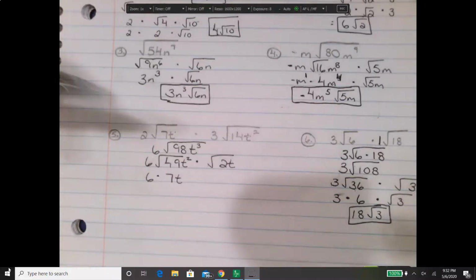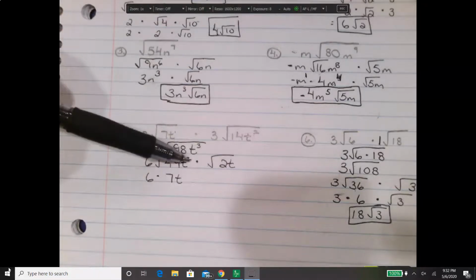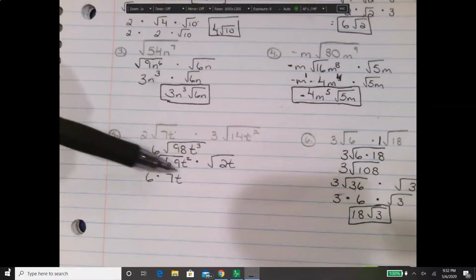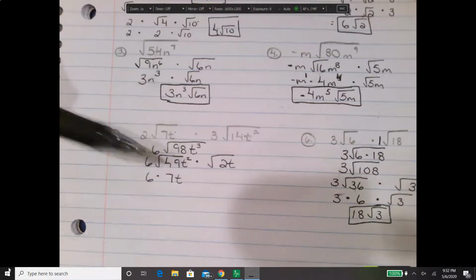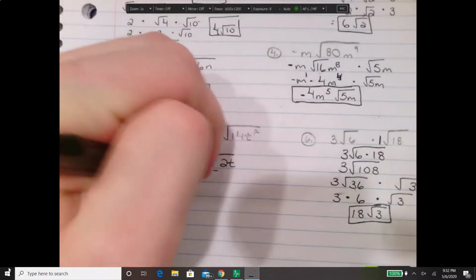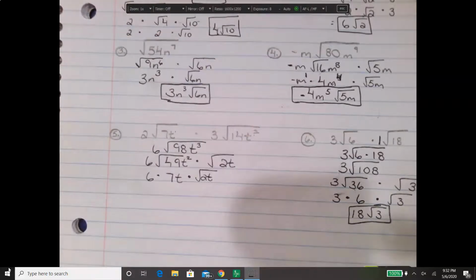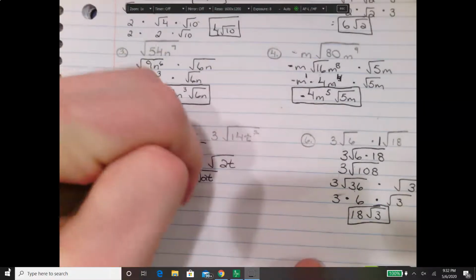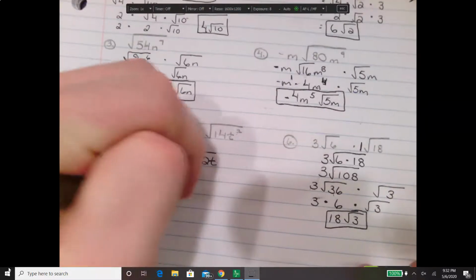You could also look at it, guys. The way you cancel out a square symbol is with a square root. So those are going to cancel and just leave you with t. And that's going to be times, well, you can't do anything with 2t. 2 is as low as it can go, and t is to the first. So that's as far as you can go there. 6 times 7t is going to be equal to 42t, and then radical 2t.